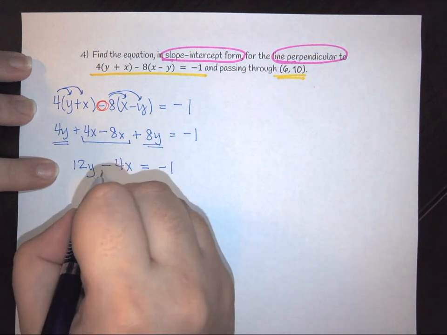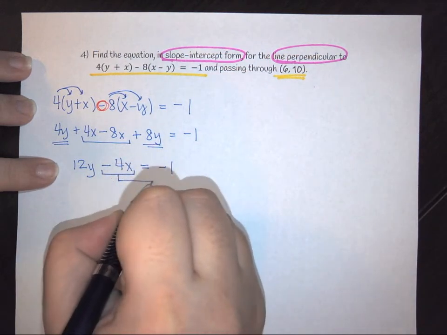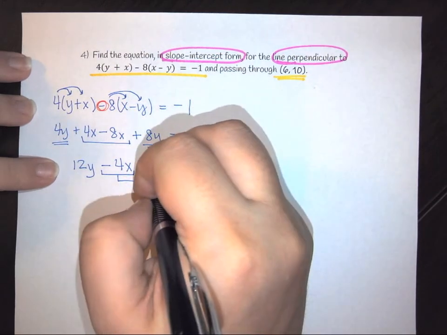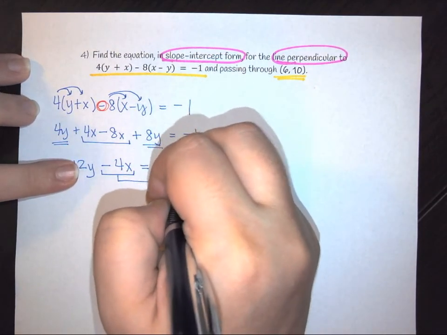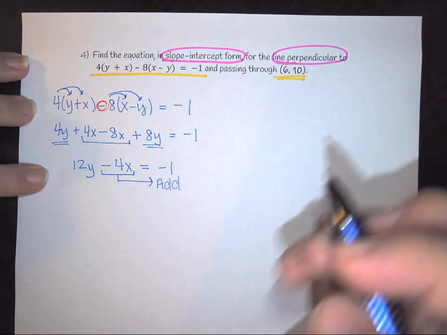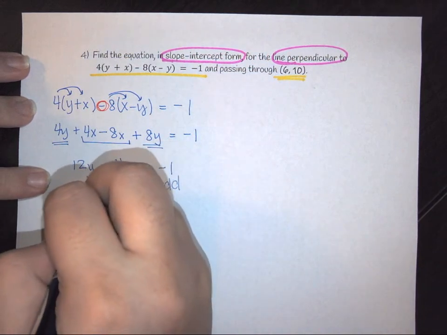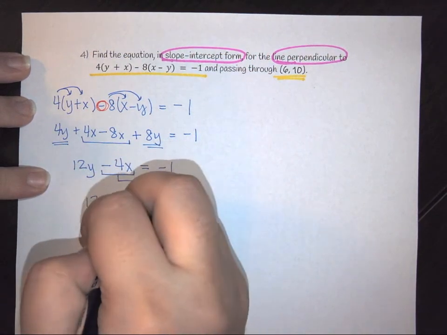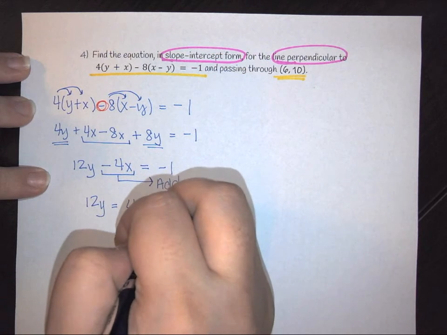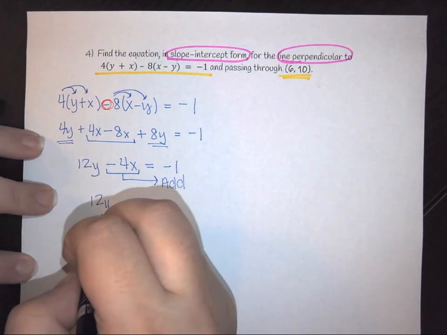I'm going to take my x and I'm going to move it across the equal sign. Because it's negative, I have to add. So here this becomes 12y is equal to 4x minus 1. Divide everything by 12.